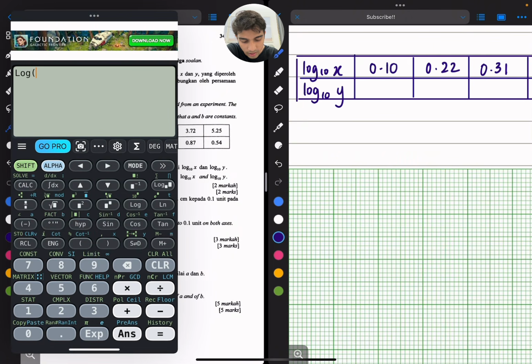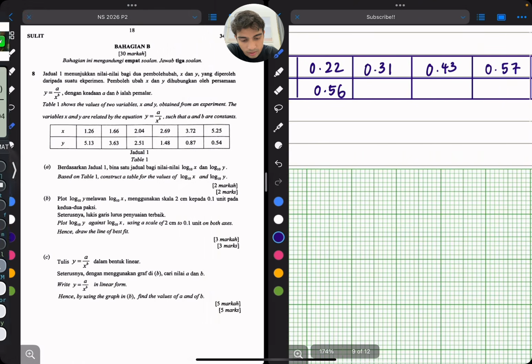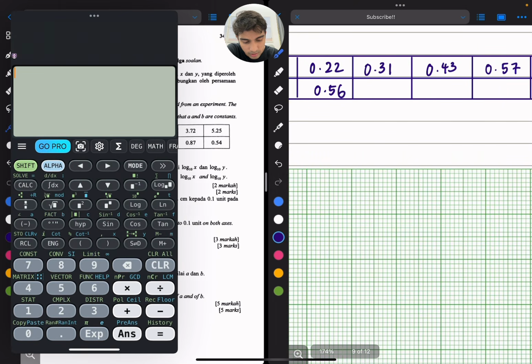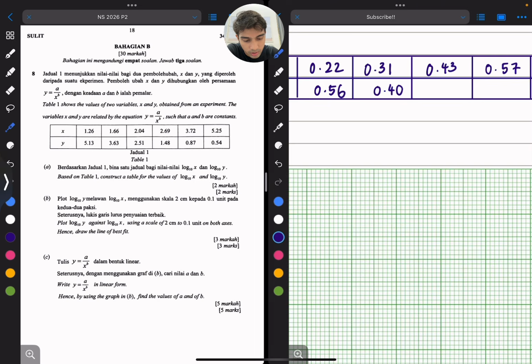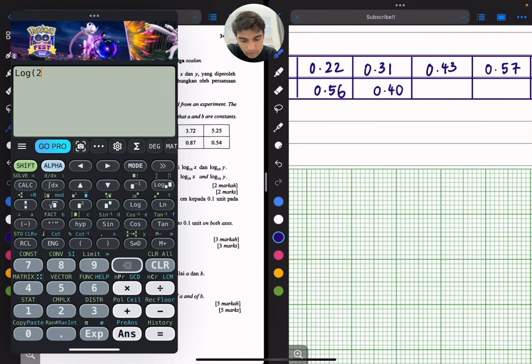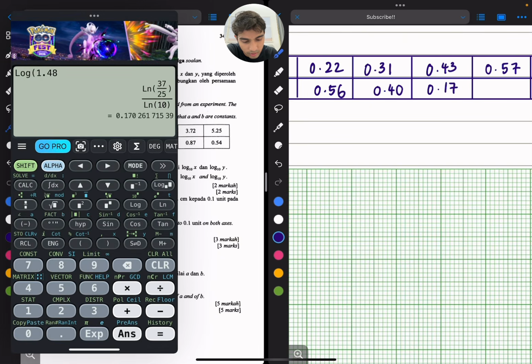Log 5.13, 0.71, 3.63, 0.56, 2.51, 0.40, 1.48, 0.17, 0.87.